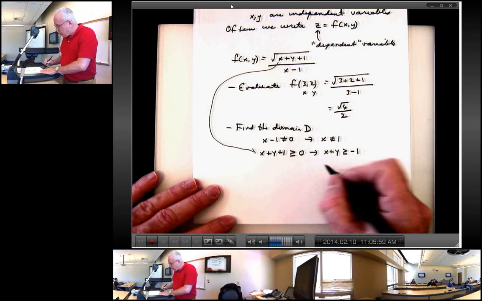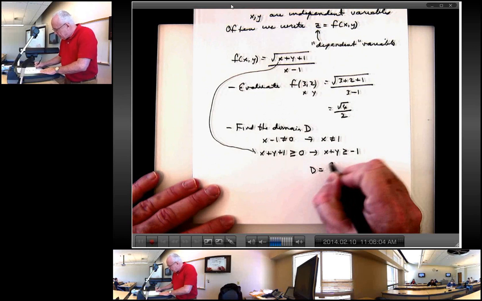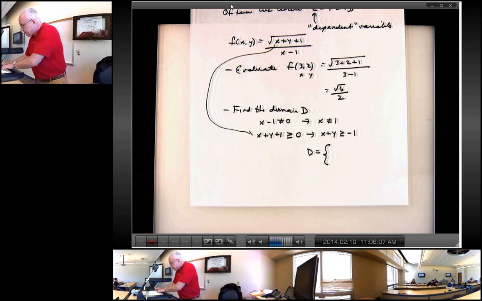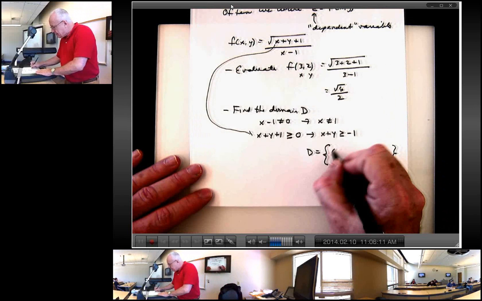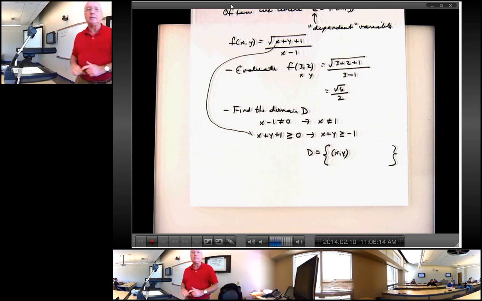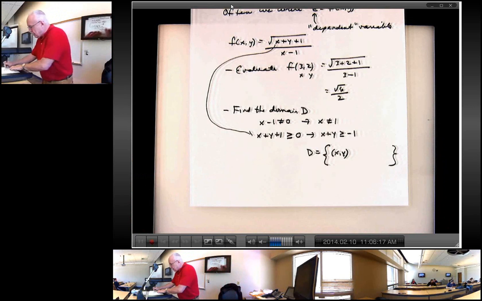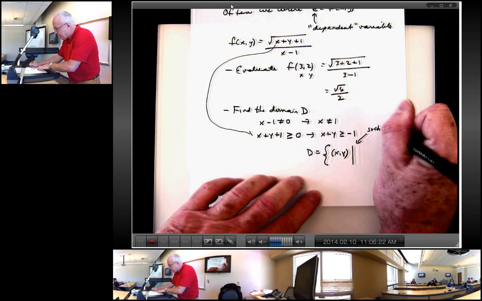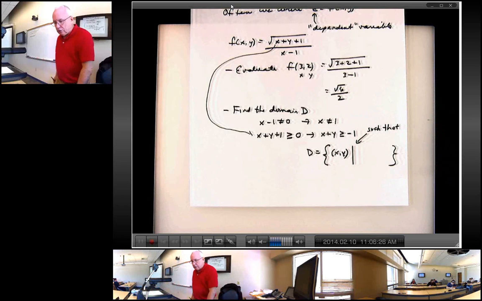So if we want to put the domain, we can write it in this notation. Put a pair of brackets here, and this time it's going to be a set of ordered pairs for x and y. Then we have this vertical line, which means the words "such that." And then we put our restrictions here.